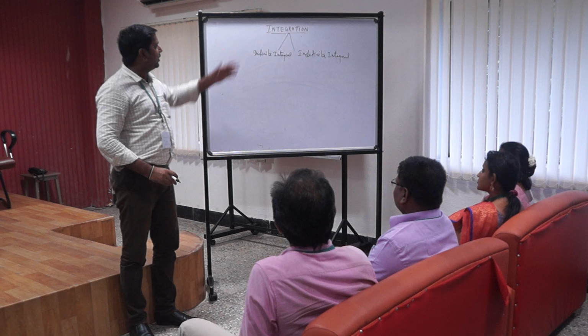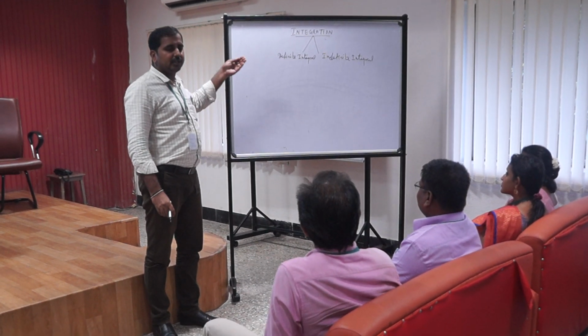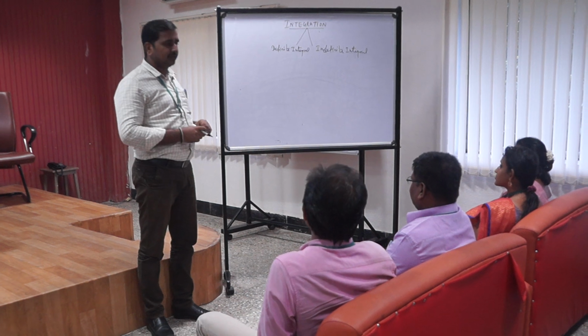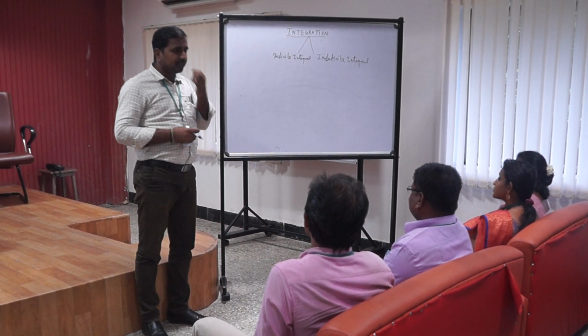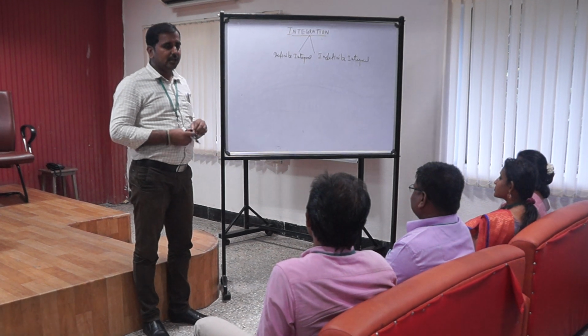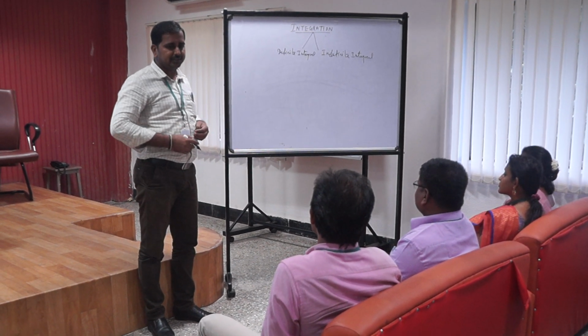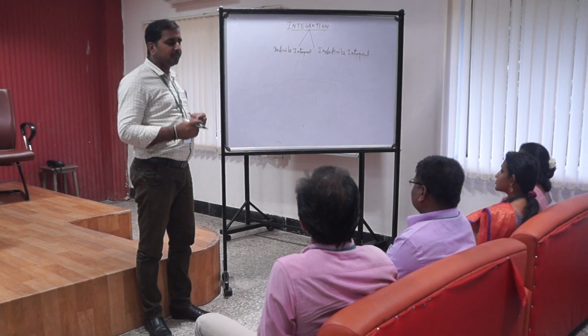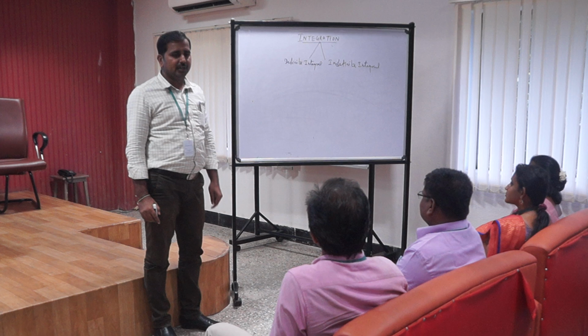So what is meant by definite integral? Whenever we talk about integral, usually it is related to the definite integral only. Definite integral means to find the area of the curve between two specific points. Otherwise, we have to find a distance from one point to another point. Okay, so that is called a definite integral.